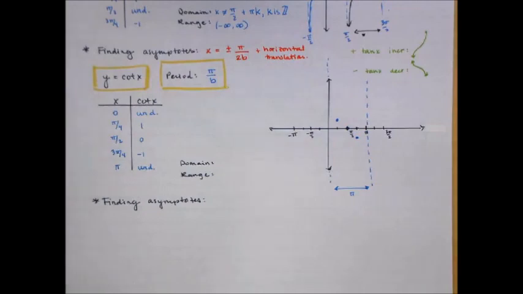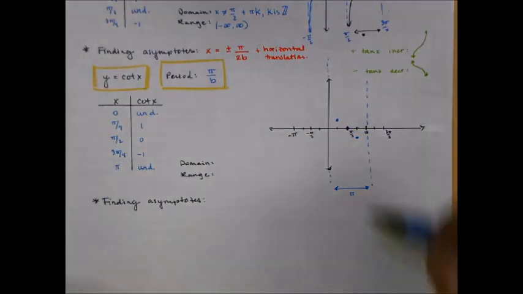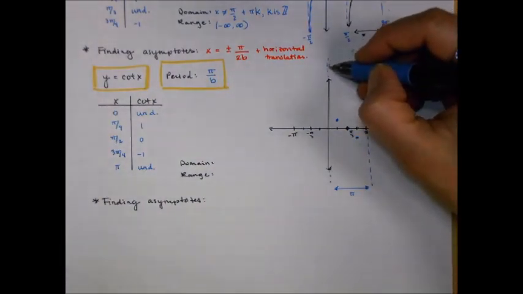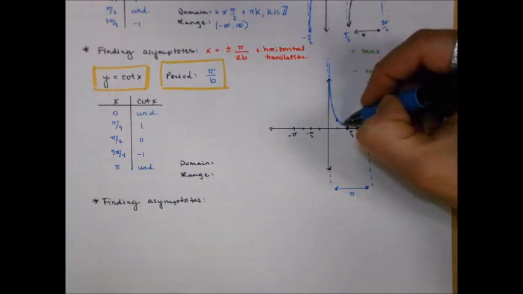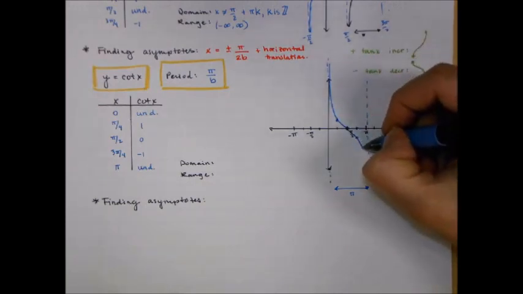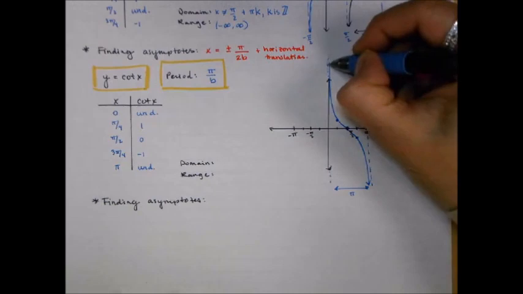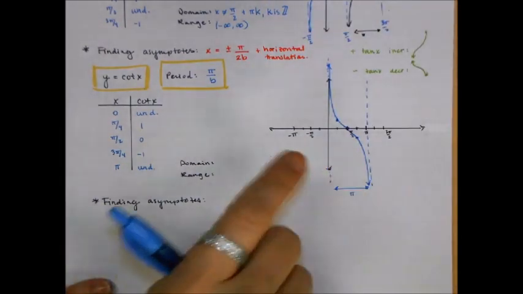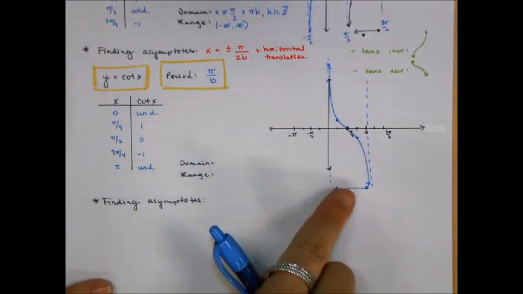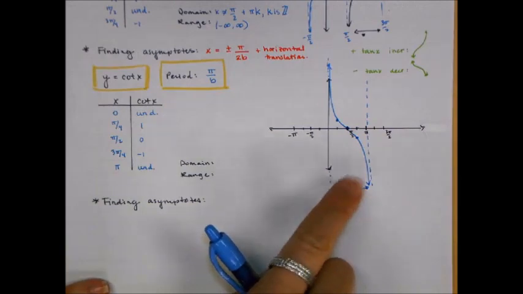So our graph will come down this way and continue down toward this vertical asymptote. You'll notice positive cotangent is a decreasing graph. So backwards from what tangent did.